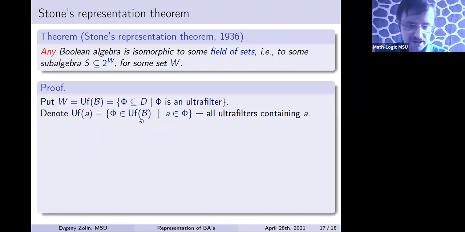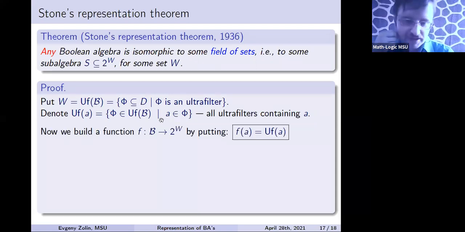This is an analog of the notion of all atoms below A. But this can be defined even if we don't have atoms at all. If we don't have atoms, then all ultrafilters will be non-principal. Anyway, the function is then very similar to the previous one.